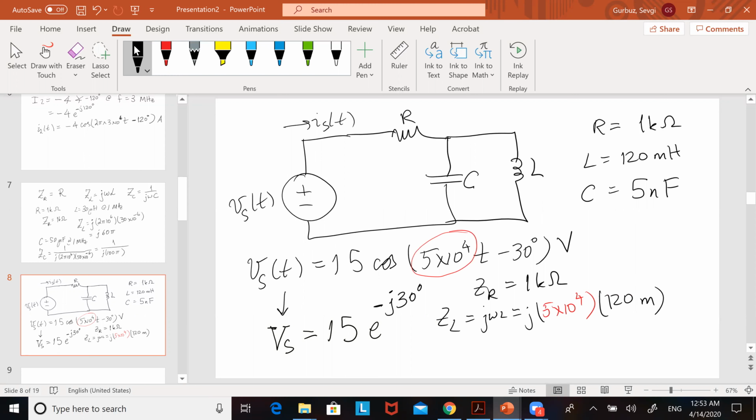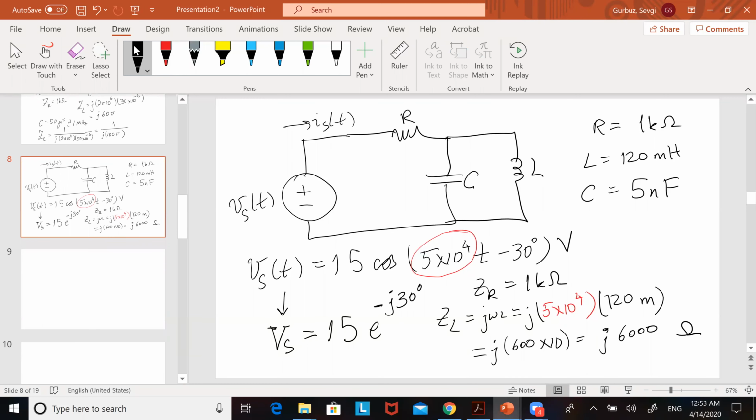And we have to multiply all this together. So let's do out the math. I think 5 times 12 is 60. So this would be 600 times 10, because 10 to the 4 times 10 to the minus 3 is 10. And we would get j times 6,000. And we use the units of ohms for impedance values.